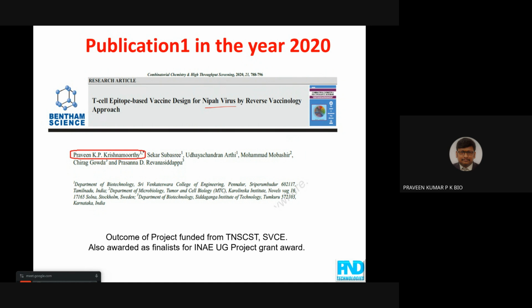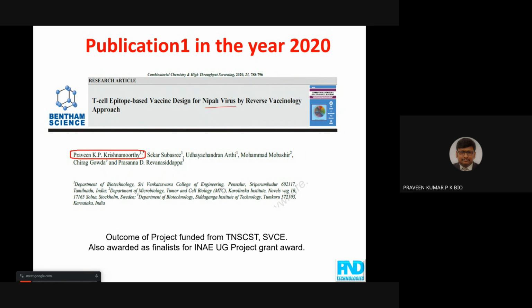They worked on hepatitis B virus, hepatitis C virus. They worked on different novel proteins from SVC as well as from other colleges. The other colleges also are working on projects in the form of consultancies, and they completed masters, PhD, etc. under my guidance.